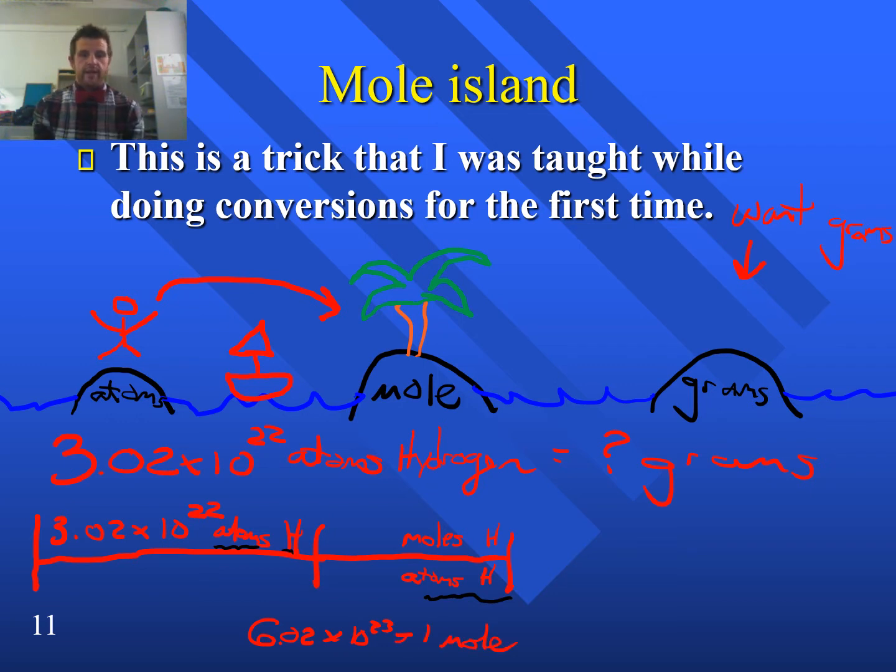And I'm going to take those numbers and put them where they belong. So the conversion is 6.02 times 10 to the 23 for every 1 mole. That will allow me to cancel out my old unit. And now I have successfully moved from Atom Island to Mole Island.